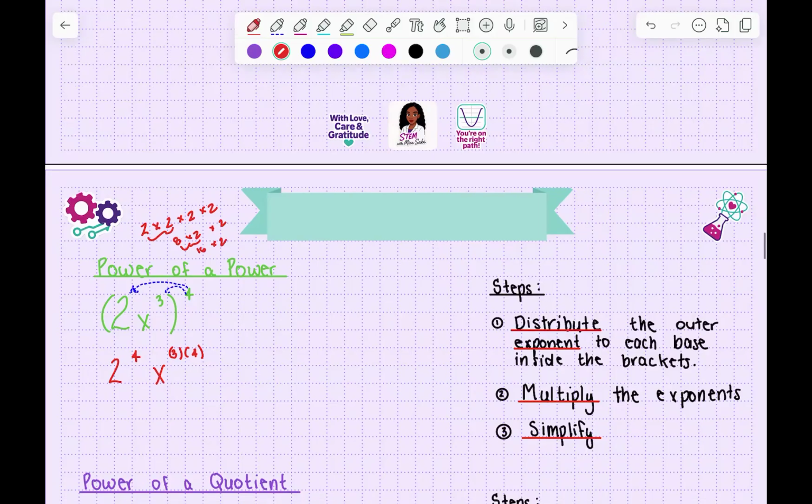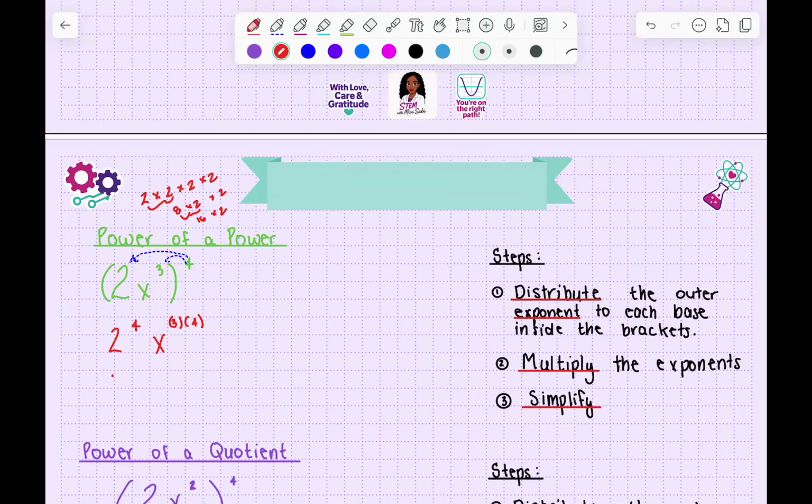So over here, I have 16. Then I have x. And for power of a power, you multiply the exponents. So we're not adding, we're not subtracting, we are multiplying. So then we have 4 times 3 is 12. So this is our final answer for that one.